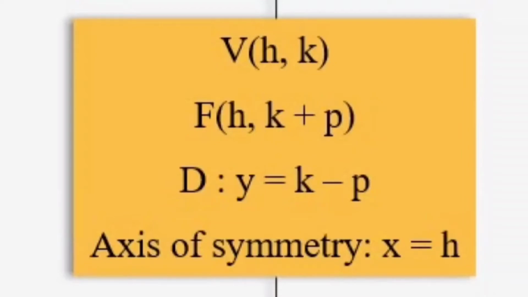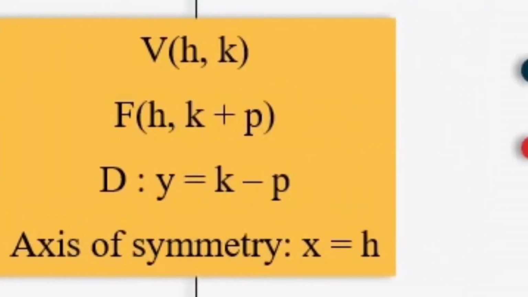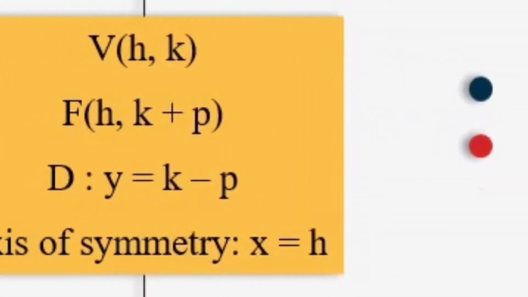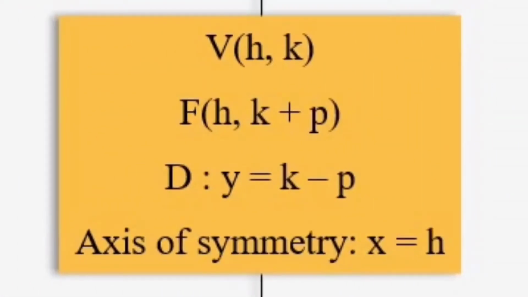Kung mapapansin niyo sa coordinates ng focus, nag-add tayo ng p sa k. To illustrate, heto yon. And the equation of the directrix, we have y is equal to k minus p. And axis of symmetry, we have x is equal to h. Later on, magbibigay tayo ng example for this.